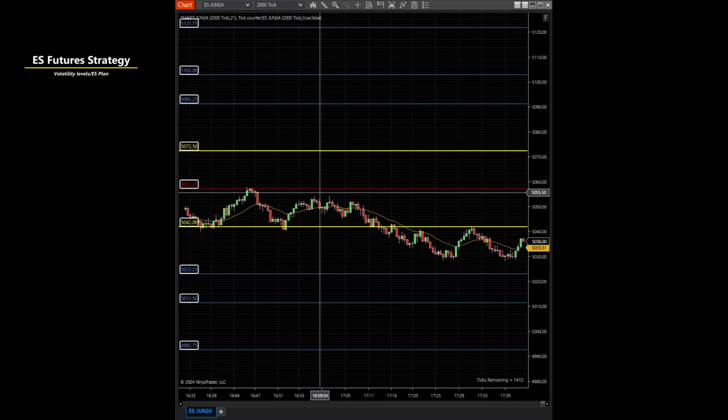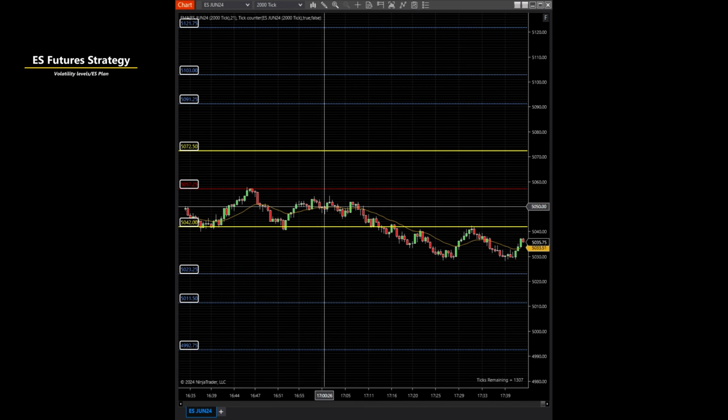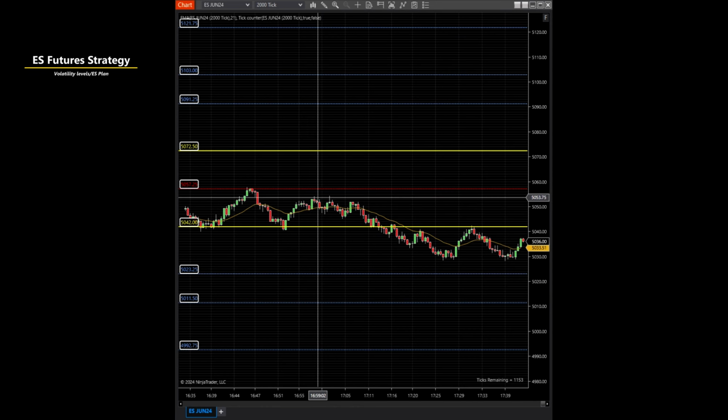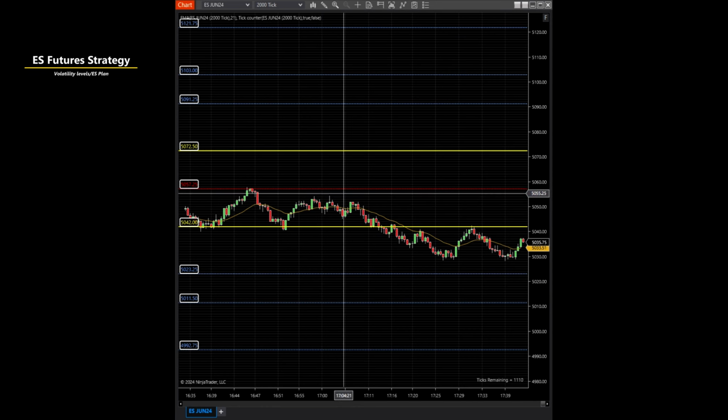As with the case of the bear territory, in the same manner, when we are in bull territory, we are allowed to take shorts only at the false breakouts.